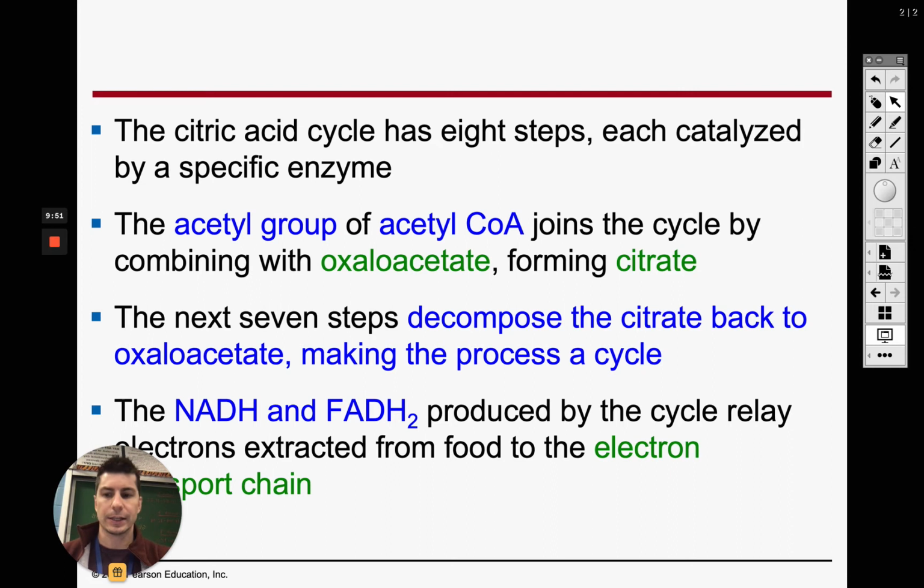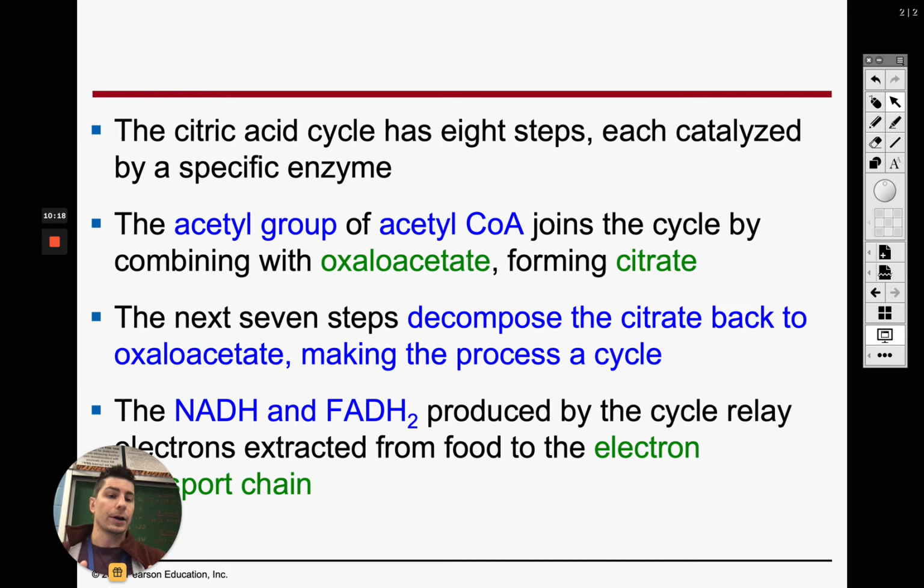I will mention that NADH and FADH2 are later going to be used by the electron transport chain. If you remember, in glycolysis, we formed some NADH. That's only from glycolysis that we get some of our NADH. We don't get any FADH2 from glycolysis. So glycolysis is only producing NADH that we're going to use in the electron transport chain.